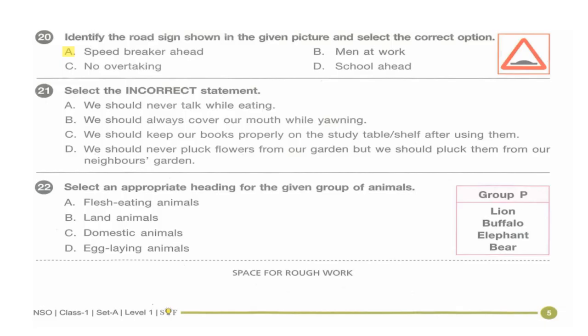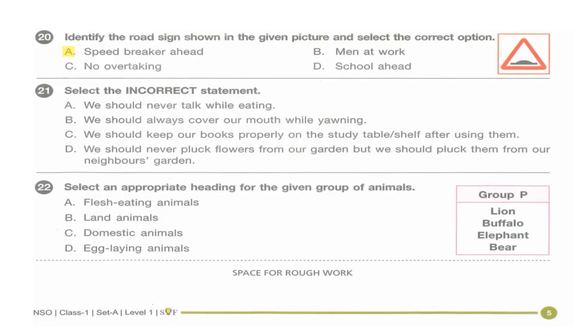Next, let's move on to question 21. Select the incorrect statement. A, we should never talk while eating. B, we should always cover our mouth while yawning. C, we should keep our books properly on the study table or shelf after using them. D, we should never pluck flowers from our garden, but we should pluck them from our neighbor's garden.